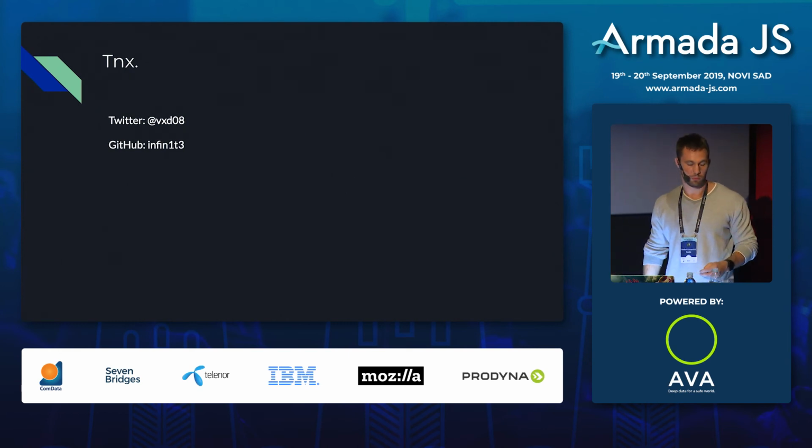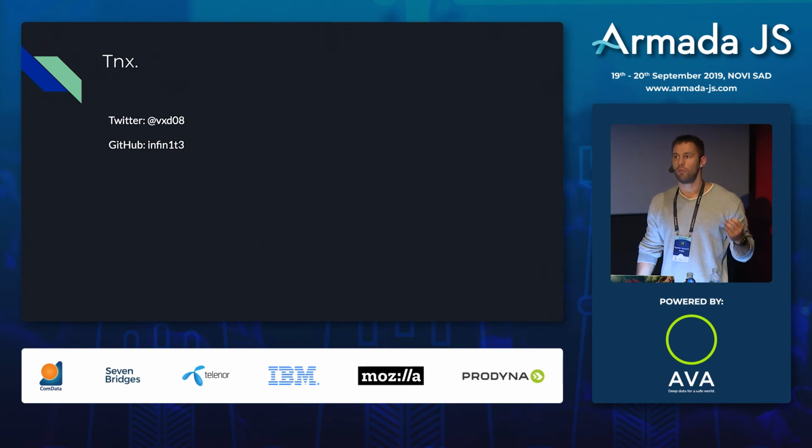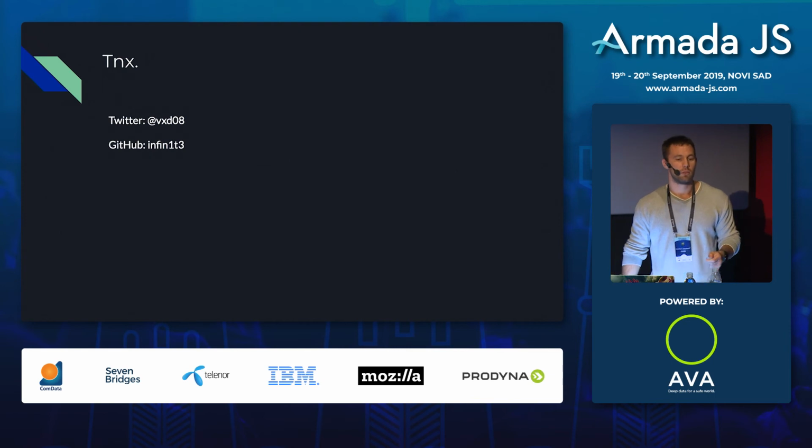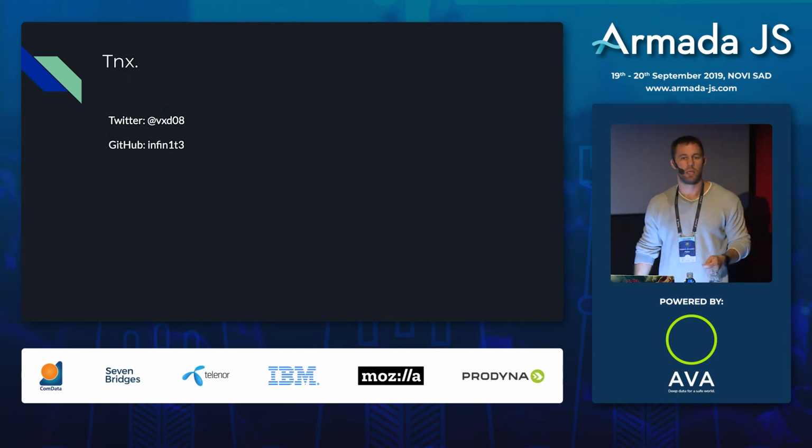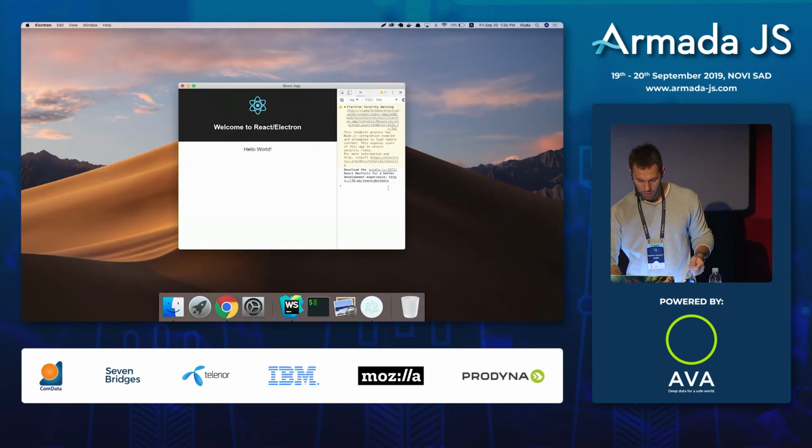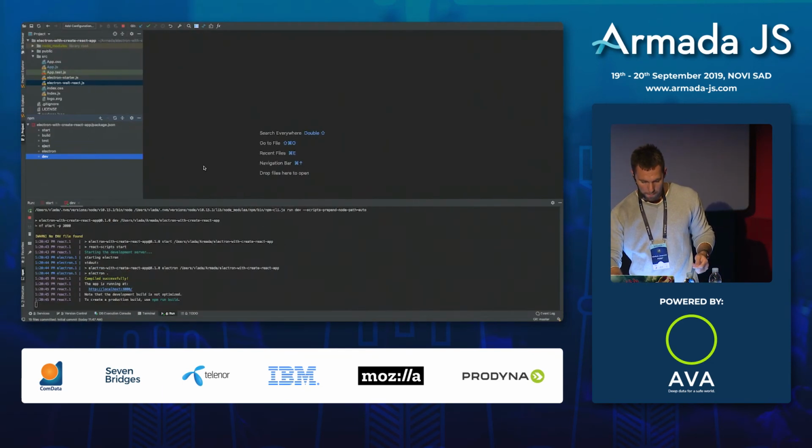Can we run apps that are not hosted locally with Electron? Not hosted locally. You mean if you want to run something from a remote URL? You can do it. Here's the thing.